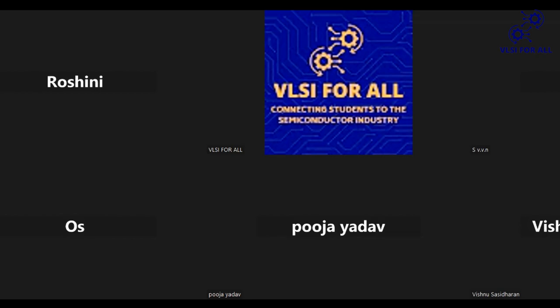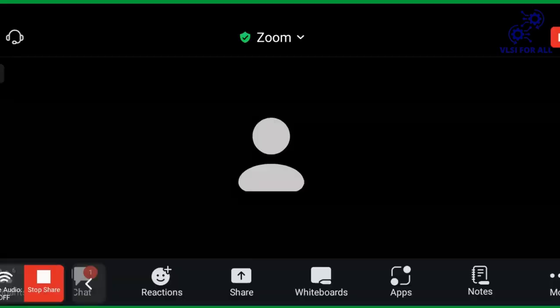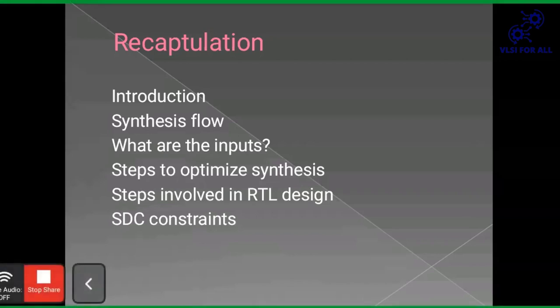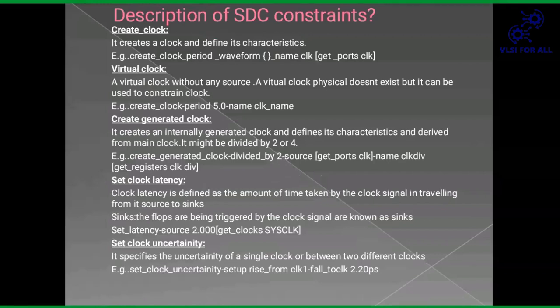In today's class, I am going to explain which type of constraint is used for which type of command. We have a different number of systems and inputs, so for each and every input or command, how to write a command is what we will discuss.